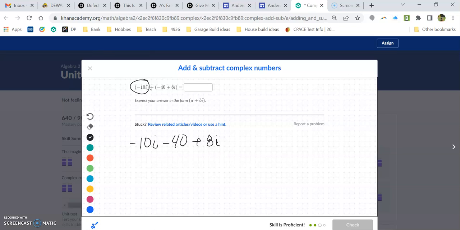So our like terms here, this has an i, and this has an i. So negative 10i plus 8i is negative 2i. And our negative 40 just stays the same. And we should put the non-i term in the front. So we rewrite it as negative 40 in front, minus 2i in the back.